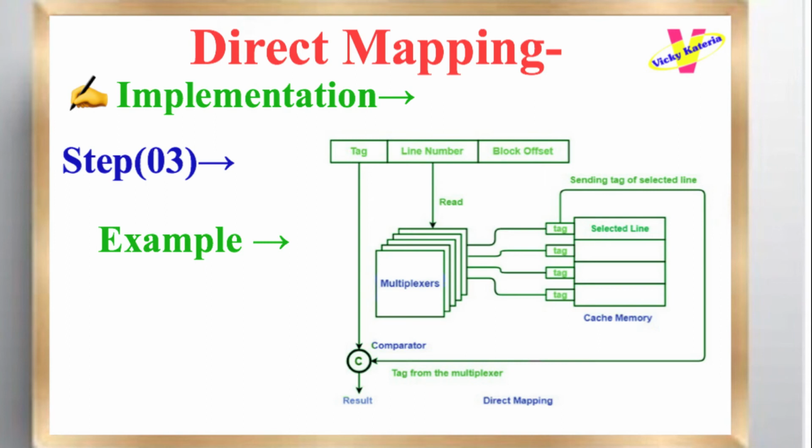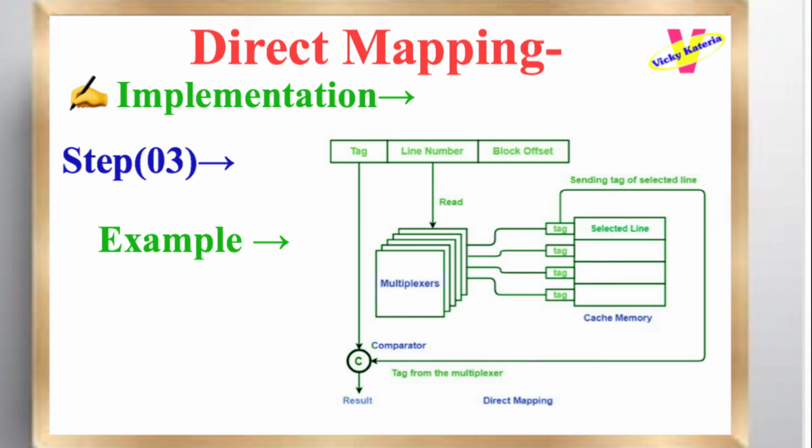The first multiplexer is configured to output the first bit of the tag. The second multiplexer is configured to output the second bit of the tag. The third multiplexer is configured to output the third bit of the tag, and so on. So, each multiplexer selects the tag bit of the selected line for which it has been configured and outputs it on the output line. The complete tag as a whole is sent to the comparator for comparison in parallel.